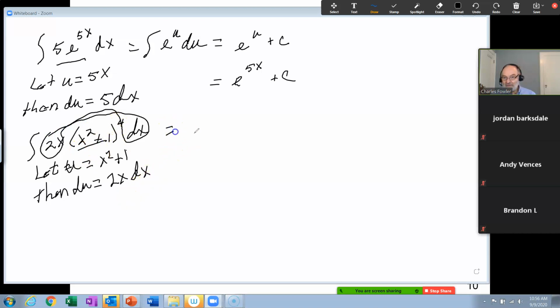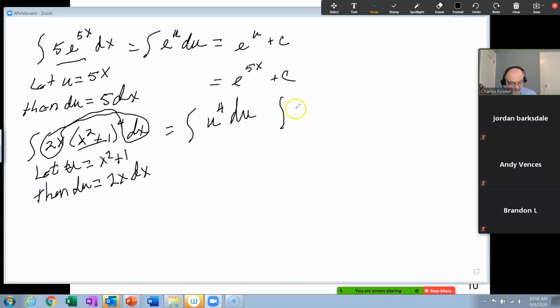So this now becomes the integral of u to the 4th du. And we know what that is. It's u to the 5th over 5 plus c, and then instead of u, you put (x squared plus 1) to the 5th over 5 plus c. It's done. Okay? How about this one?